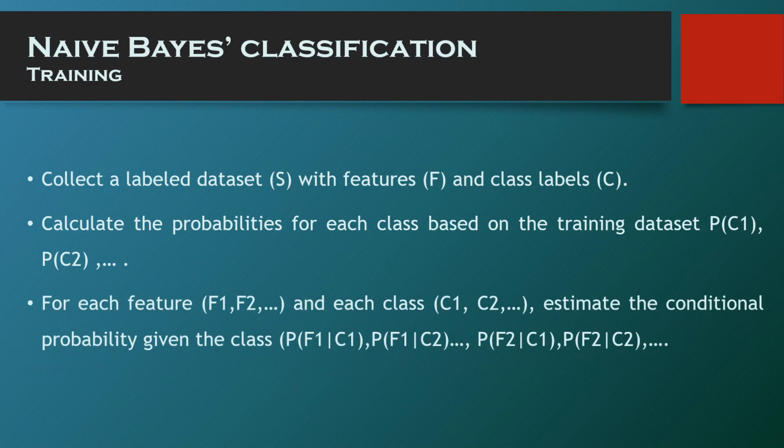For each feature F1, F2 and so on, and each class C1, C2 and so on, the conditional probabilities given the class, P of F1 bar C1, P of F1 bar C2, etc. and P of F2 bar C1, P of F2 bar C2 and so on, are estimated.